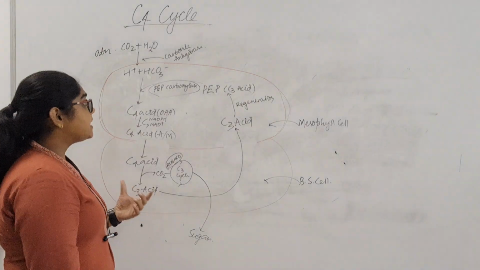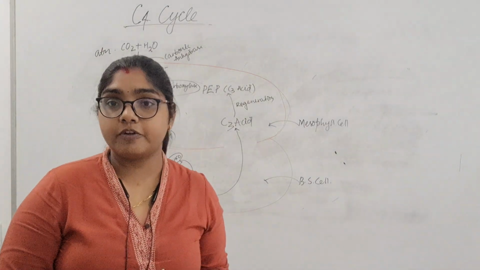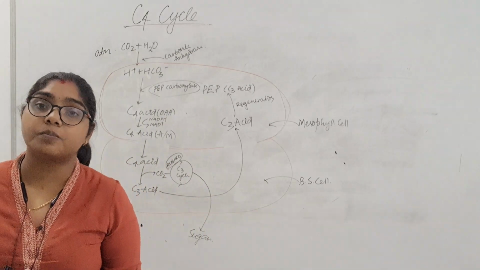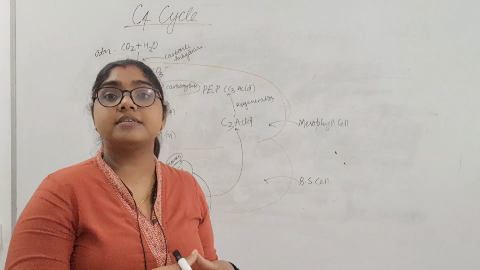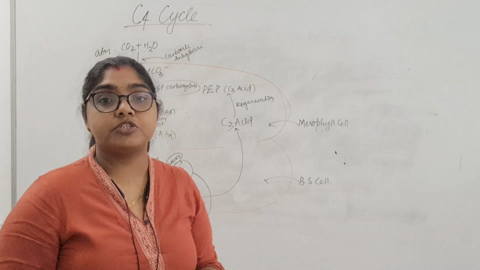As I said, the C4 pathways are followed by the C4 plants, and the C4 plants are mostly from the tropical region or the arid region or high temperature region.